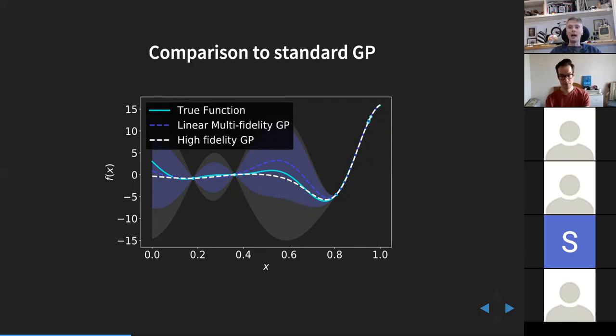But look, the key point, Yannick, to think about, and I would suggest this is true, although I don't have a proof in front of me, is if we were to look at the probability of the true function, cyan, under both the linear multi-fidelity GP and the high fidelity GP, I suspect very, very strongly that the actual location of the mean function would be higher probability under the linear multi-fidelity GP, because although the mean's slightly off, the error bars are lower.